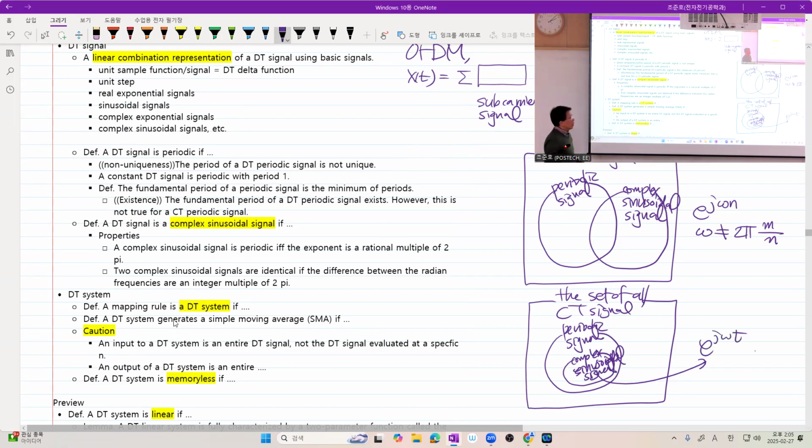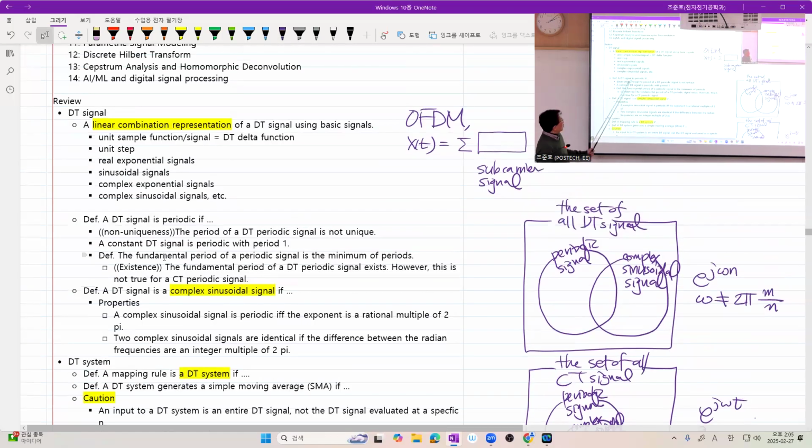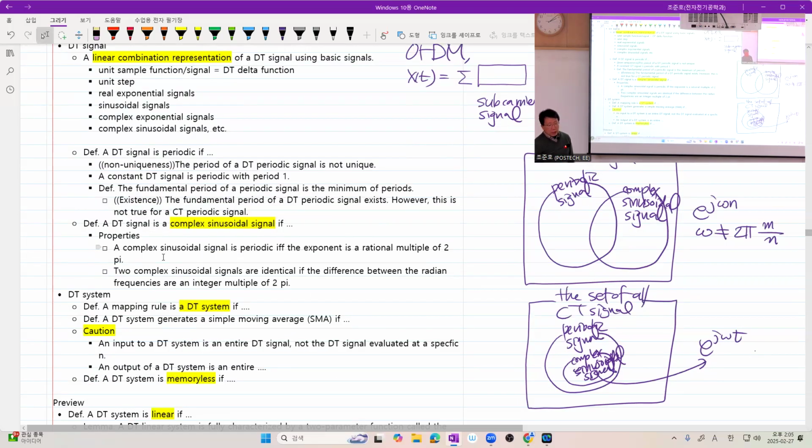So whatever omega we have, a continuous complex sinusoidal signal is periodic. But actually many discrete time complex sinusoidal signals are not periodic. Got it?